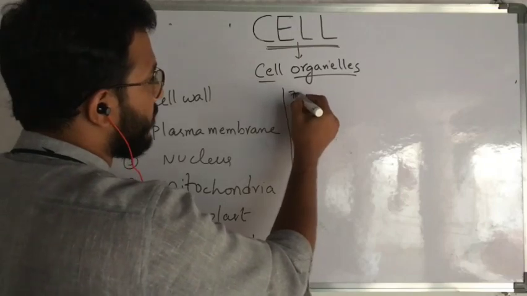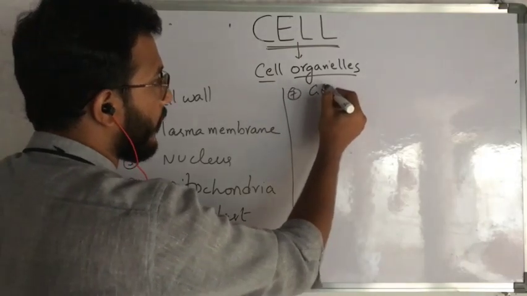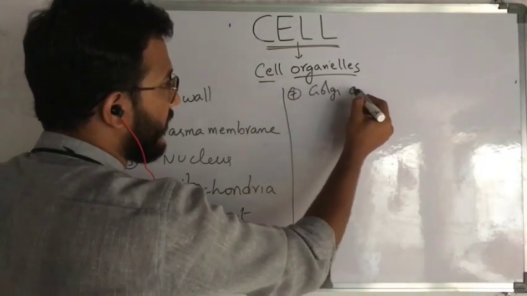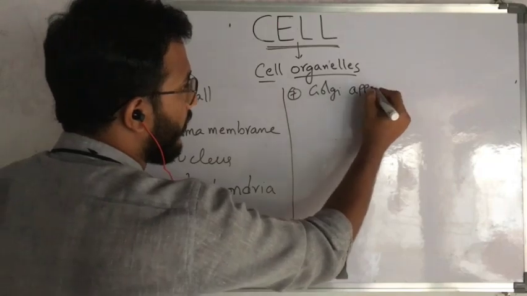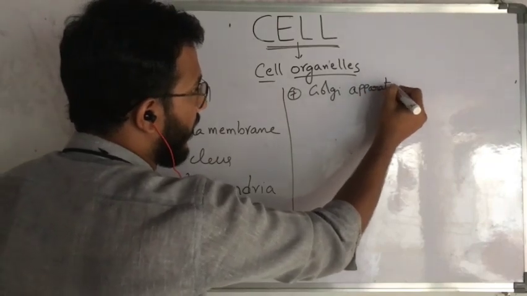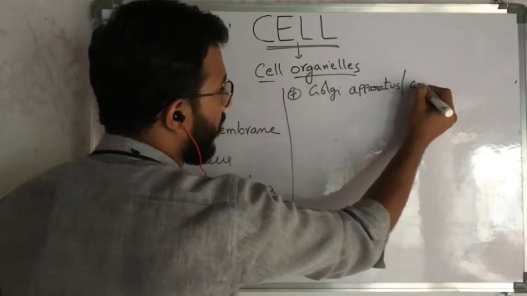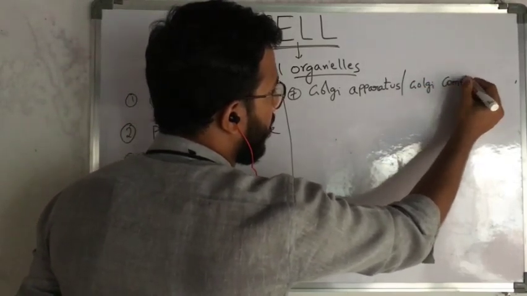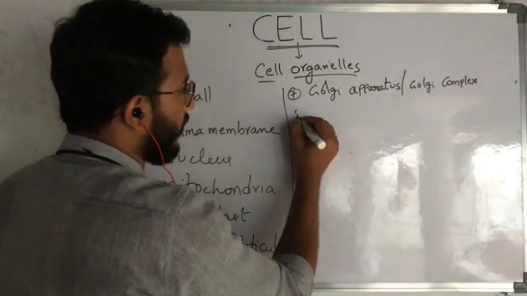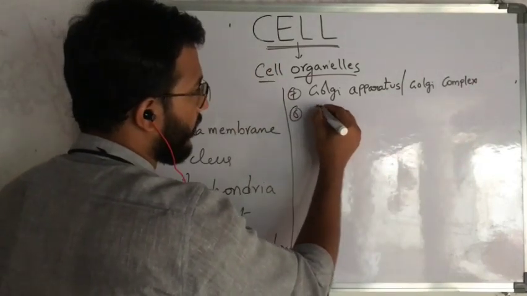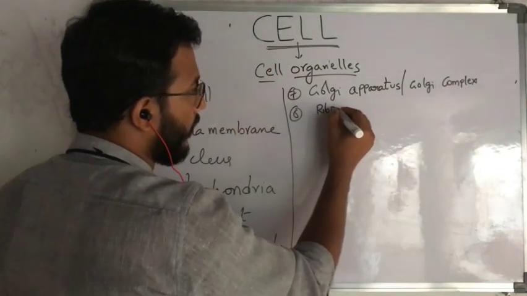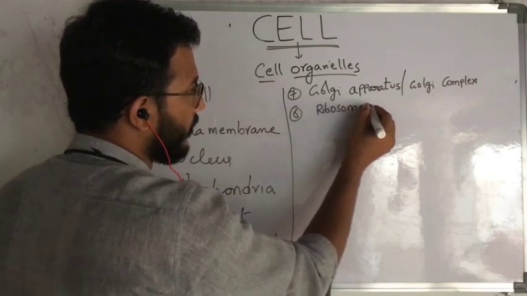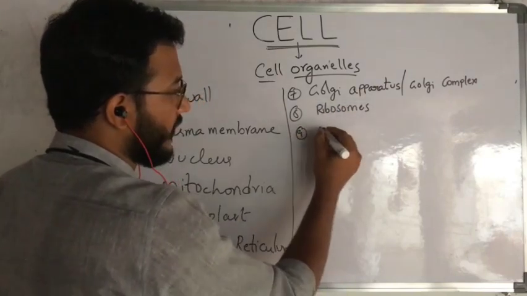The next one is Golgi apparatus or Golgi complex. And the eighth one is ribosomes.